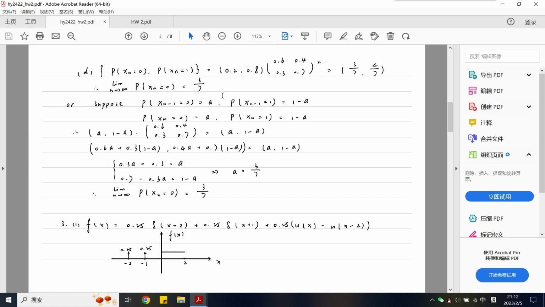Since n is equal to infinity, we can just list this formula, and then we can find a equals 3 divided by 7. So the final answer, when n equals infinity, the probability that xn equals 0 is 3/7.